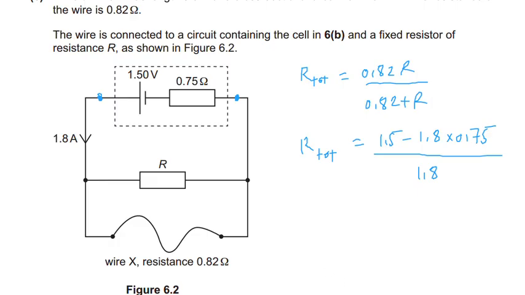Oh, sorry, we can only find R total, not R, because if we want to find R from terminal potential, we should divide by I in this branch, not I in the circuit. I in circuit is divided into two parts, I1 and I2.